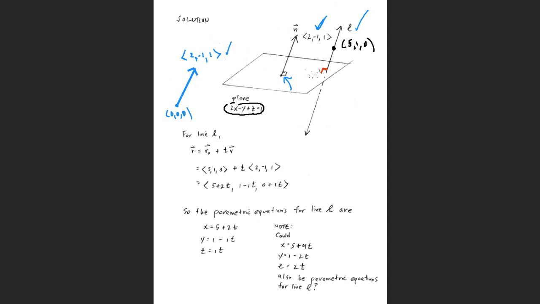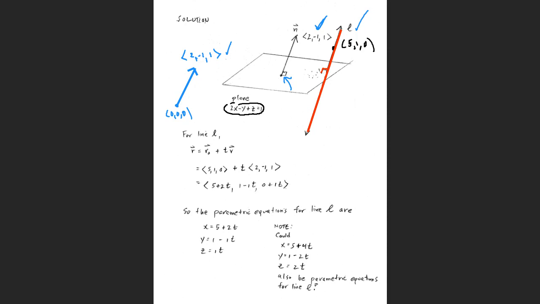Okay, so now what we want to do is find the parametric equations of the line. We know what direction this line L goes in, and we have a point on the line. So you learned that we can come up with the parametric equations of the line.